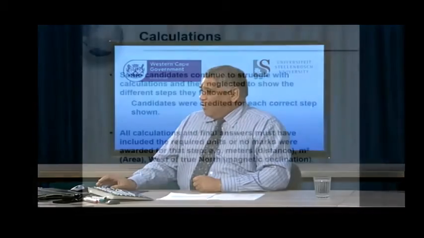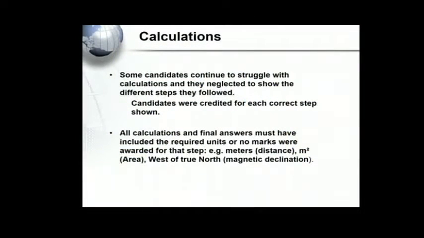Then the final thing: all calculations and final answers must include the required units. Can you remember I've mentioned that also? Or no marks were awarded for that step. For instance, meters, right? True north, west of true north, so many times. Okay, see that you use your different units in your answers.